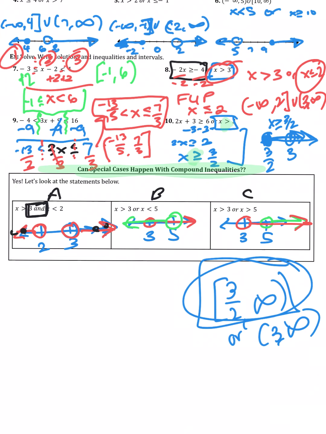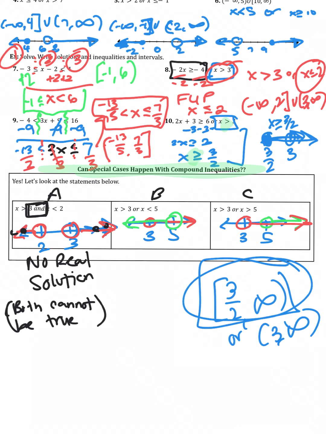Well, no, there's not. This looks like an OR graph, and it's saying it's an AND graph. Something can't be more than 3 and at the same time be less than 2. That means that this is really a no real solution situation. There isn't a number that satisfies both of these things, and something has to be true in both in order to use AND.